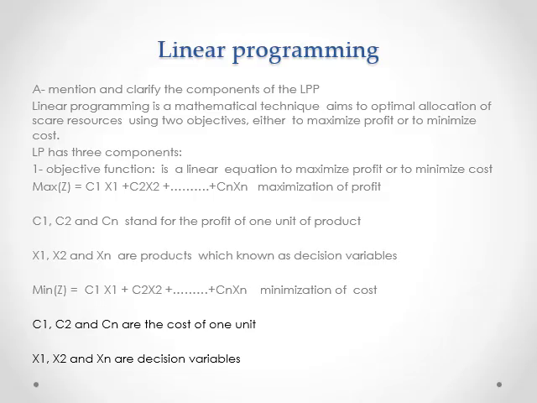Min represents objective function of minimization. Here عندما نكتب ماين قاصدين دالة تدنية التكاليف. الفرق بين دالة التعظيم ودالة التدنية C1 و C2 و Cn في دالة التدنية عبارة عن تكلفة إنتاج الواحدة من السلعة.